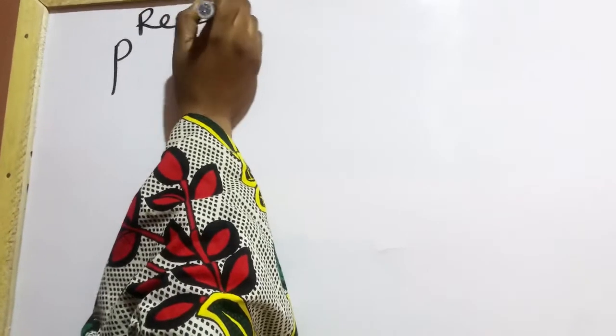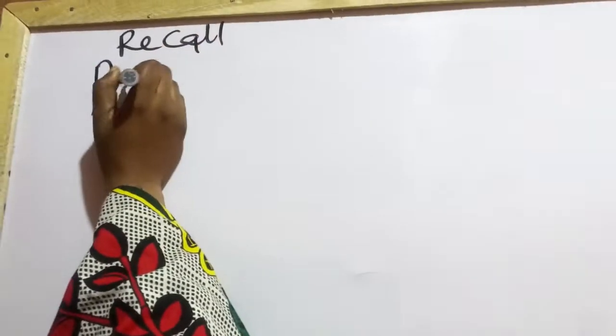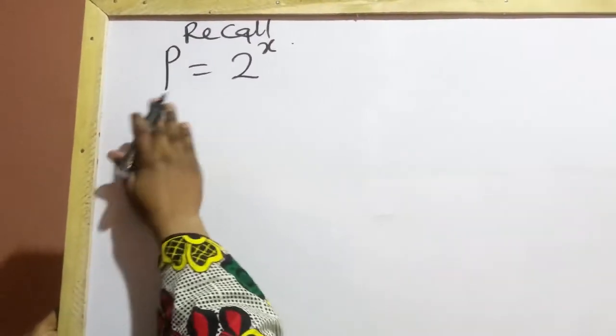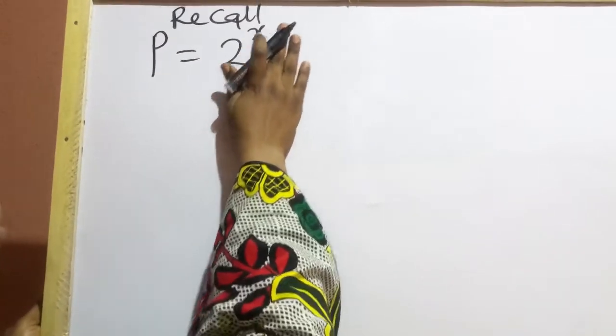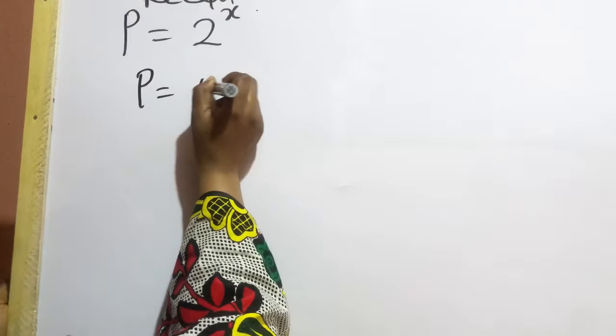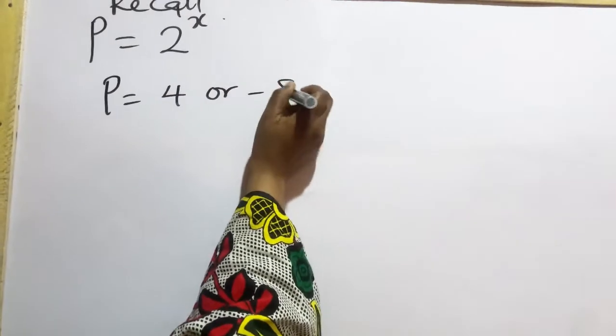If you have issue with quadratic equation, I have made a video on it, so go and watch it. So you can now say, recall that p is equal to 2 raised to power x, and whenever you see p, you are going to put 2 raised to power x. And we got p to be equal to 4 or minus 8.